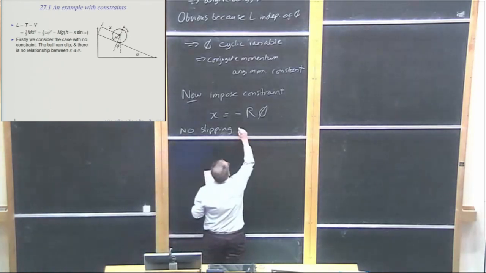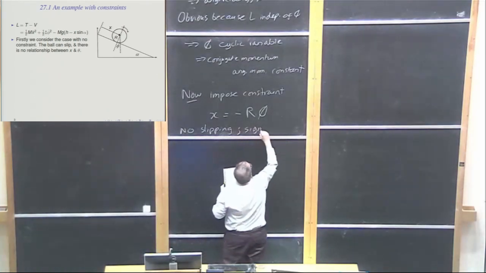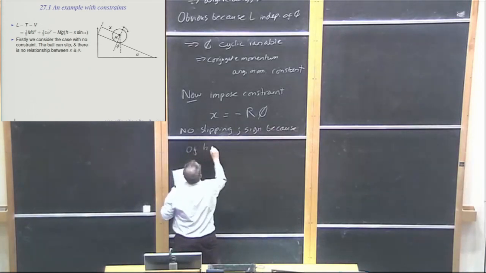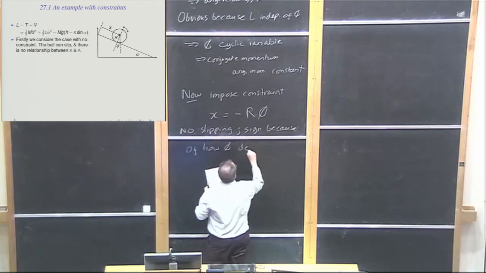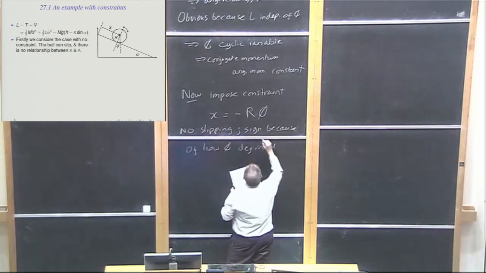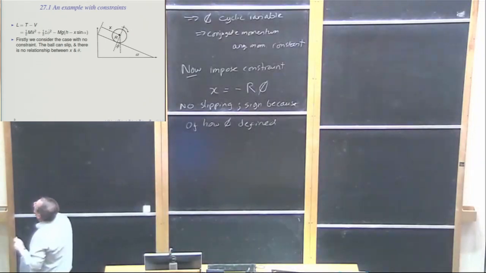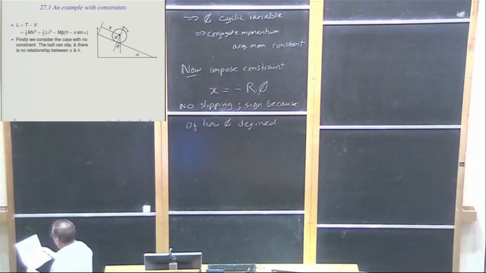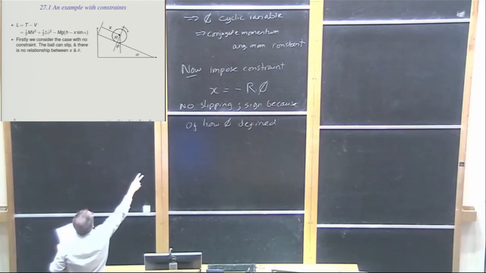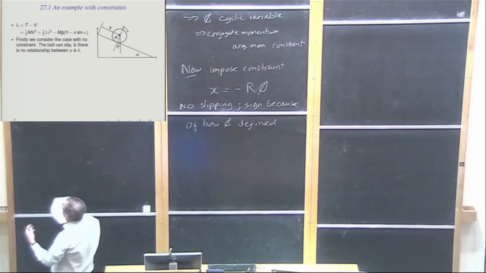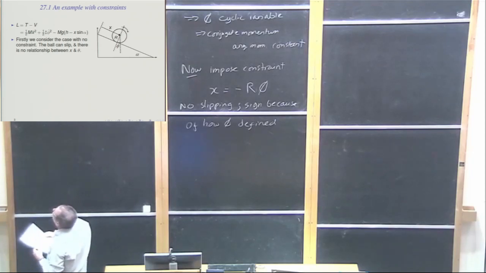So the minus sign is there because of how phi is defined. Okay, so how could we make use of this constraint? So the most straightforward thing to do, and I won't do this directly, is that one could just make that substitution into the Lagrangian, and it would become just a Lagrangian with one degree of freedom.